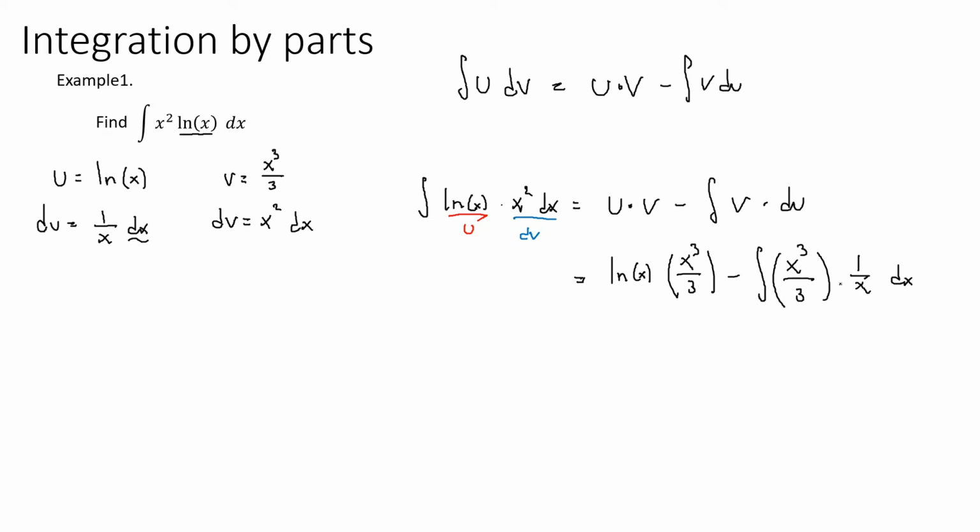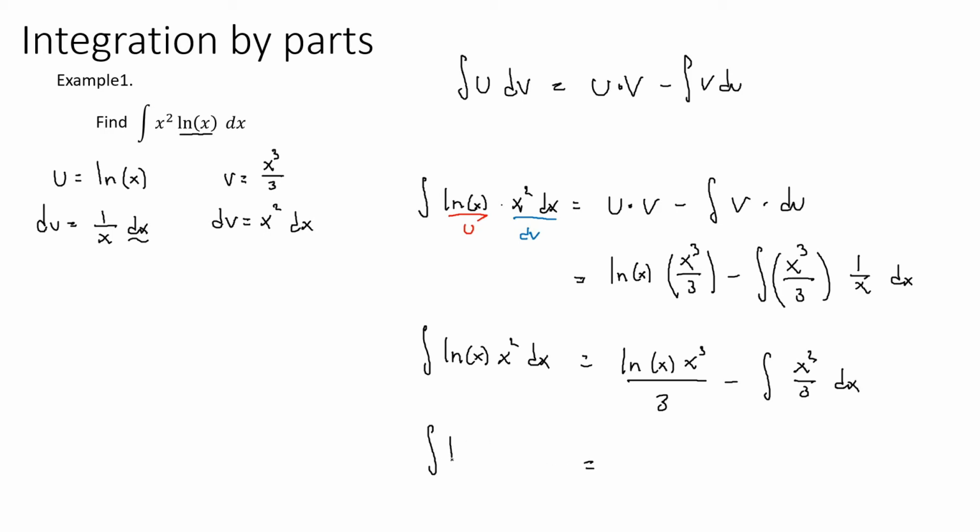Now we will simplify this integral to solve it. So we will say integral of ln of x times x squared dx, again our original equation, is equal to ln of x times x to the third all over 3 minus the integral of x squared over 3 dx. And now we have something that we could integrate.